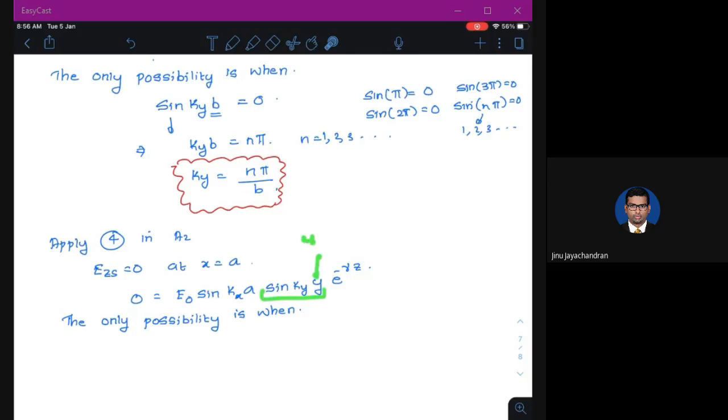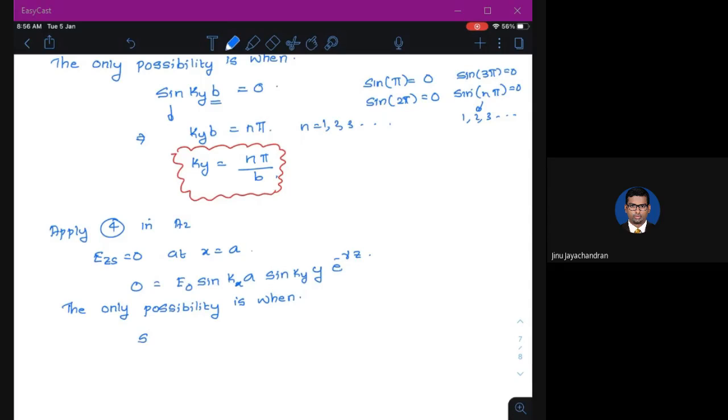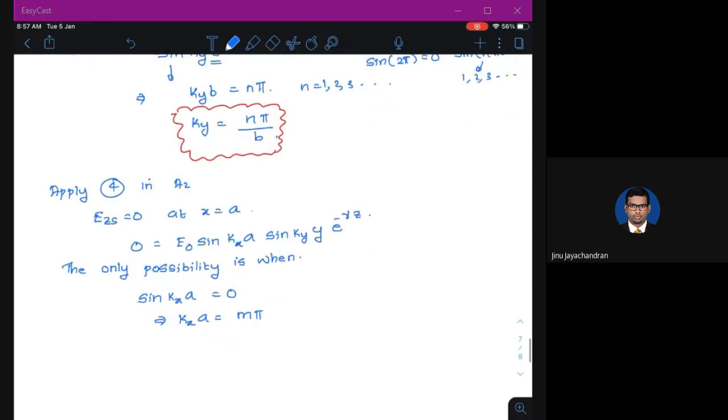And sin ky y cannot be 0 because y varies from 0 to b, and in this range it can take any value. If it were 0, the equation would be 0 for all x and y, which is not possible. So the only possibility is sin kx a equal to 0, which implies kx a is equal to m pi, or kx is equal to m pi by a, where m is 1, 2, 3, etc. So this is the next important equation.